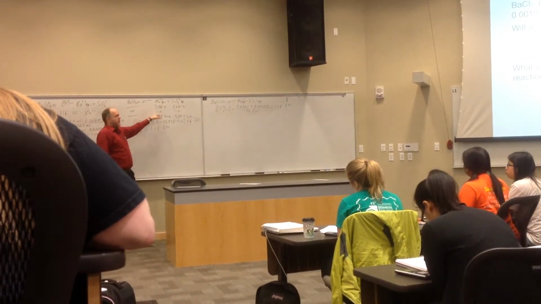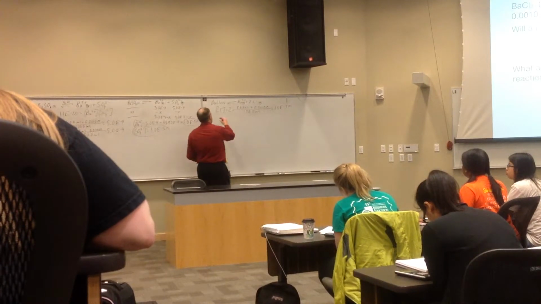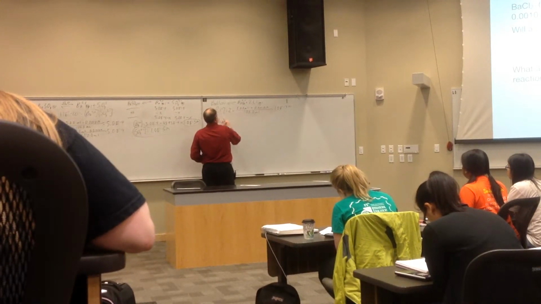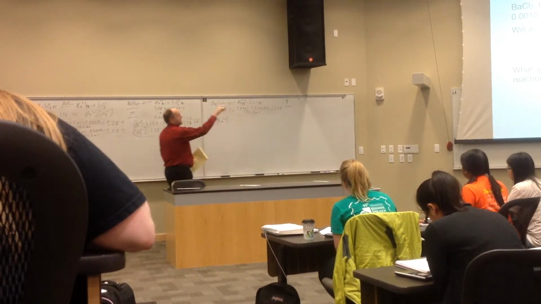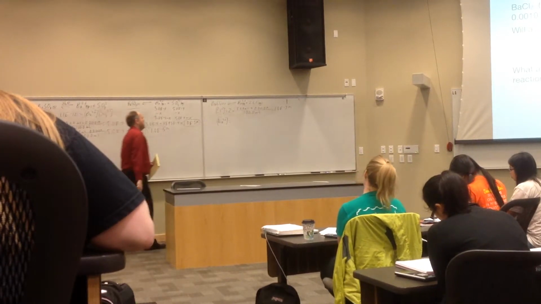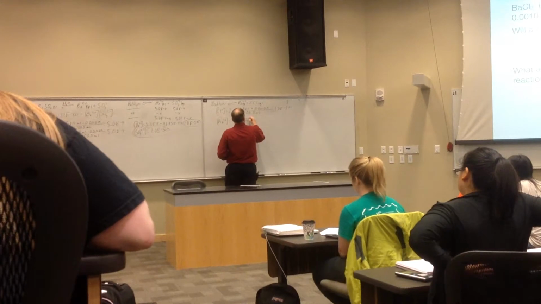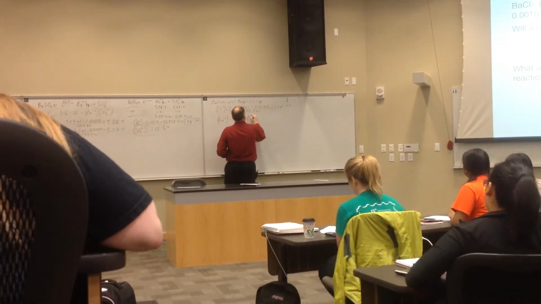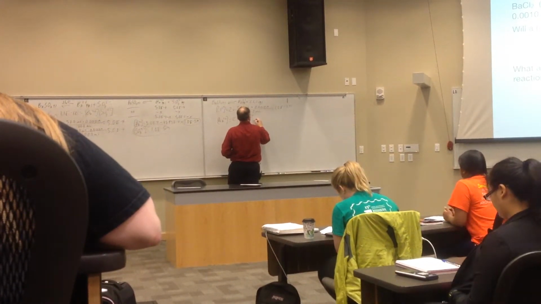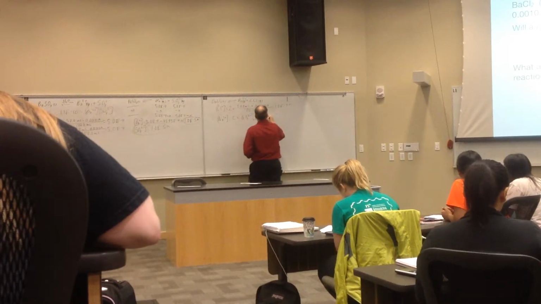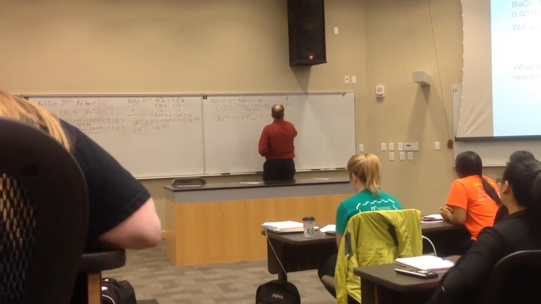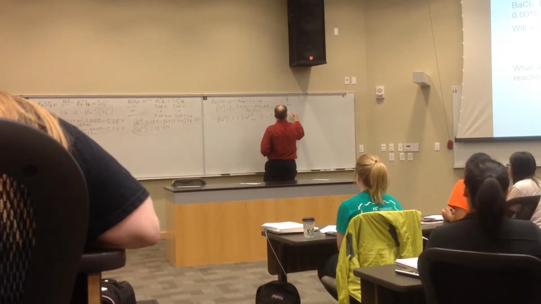Okay? And the same thing is true for sodium, because it's Na2SO4, the sodium concentration is going to be 2 times the initial sulfate concentration. It would be 2 times 5 times 10 to the minus 4.